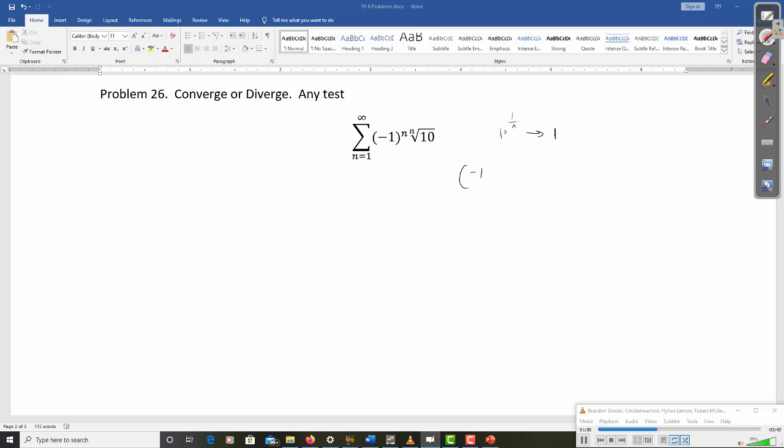So negative 1 to the n times 10 to the 1 over n is going to go to, well, doesn't exist, because it's just going to alternate. So this is going to diverge by the nth term test.